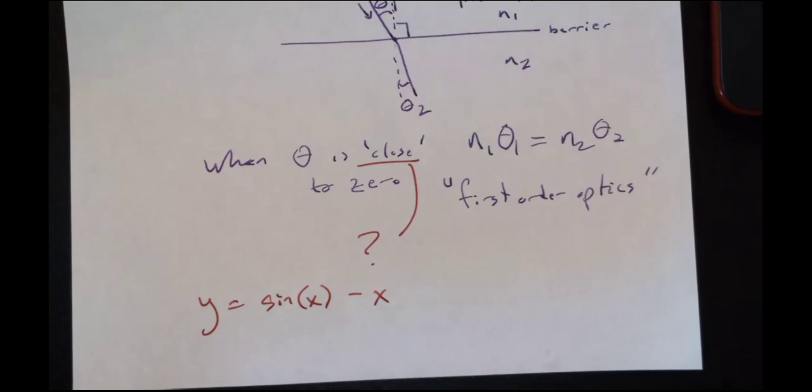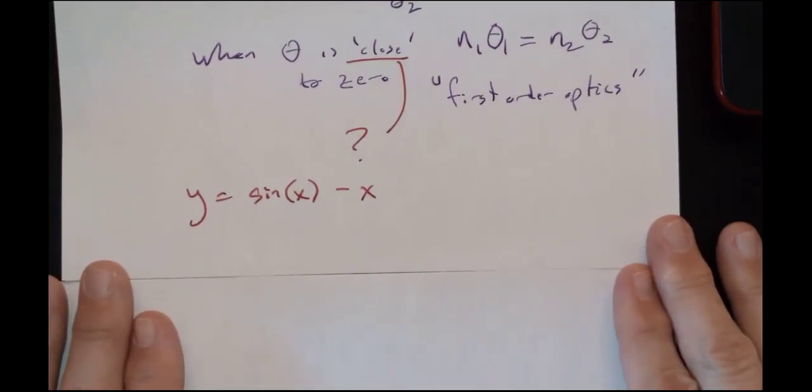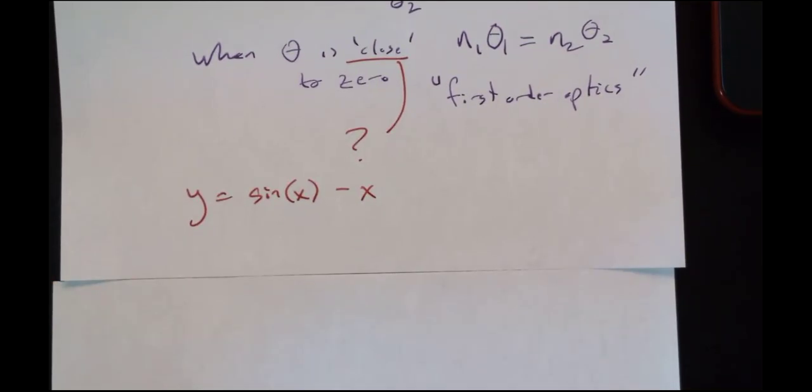If I wanted to know what angles were useful to count as close enough to zero, I would need to know where this is small versus where this is big, right? Graph that.